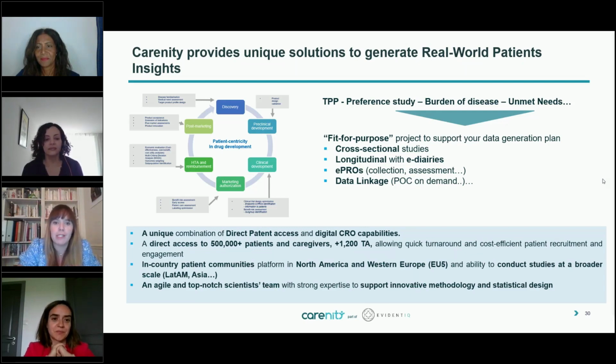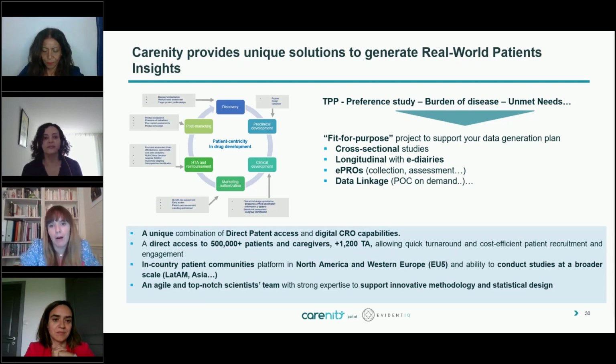Numerous applications for patient insights generation exist, and patient preference is one of them, but Carenity is also working on projects aiming, for example, to better understand burden of disease or assess unmet needs. And the patient project typology is almost endless.